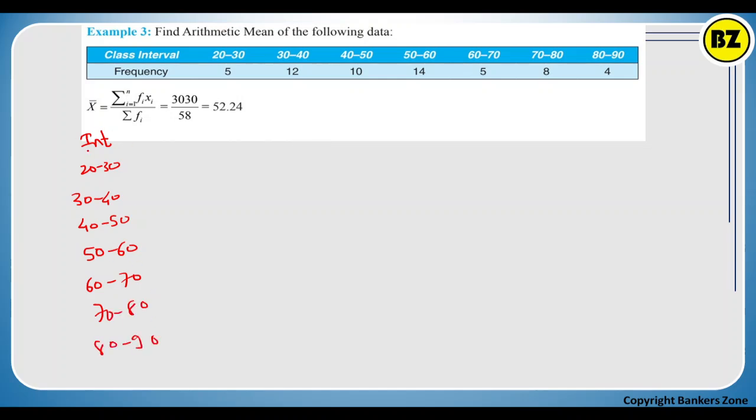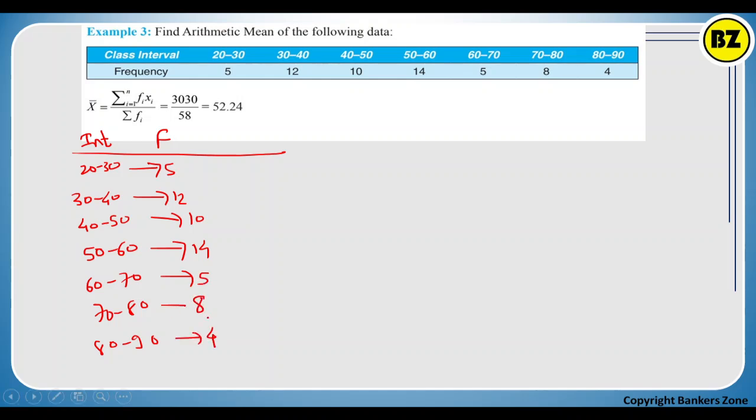These are the intervals given. Apart from that, they have given the frequency. So correspondingly I will write 5, 12, 10, 14, here is 5, here is 8, and here is 4.